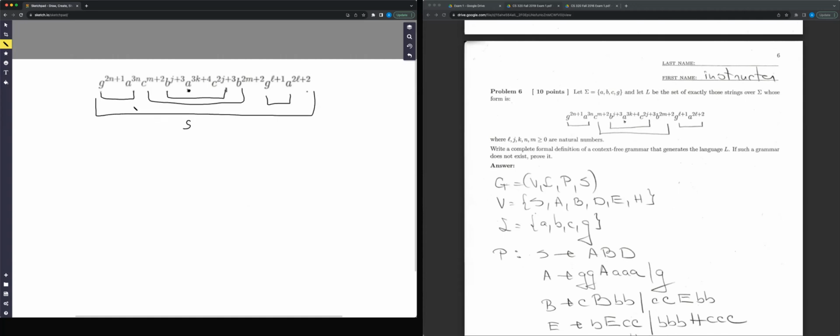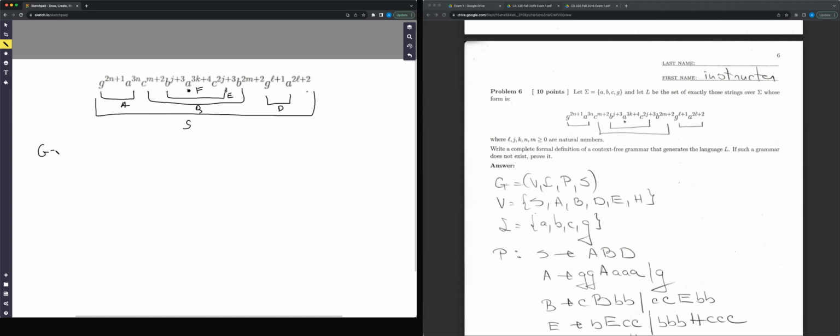So that's called S. Let's call this A. Let's call this B. Let's call this D. Let's call this E. And then let's call this F. Okay.